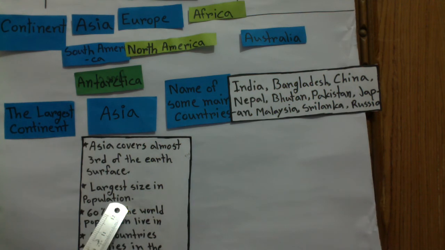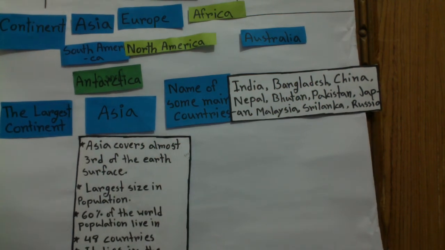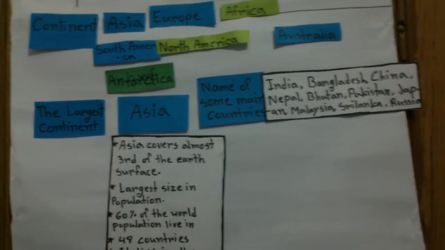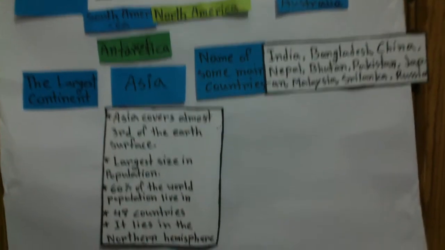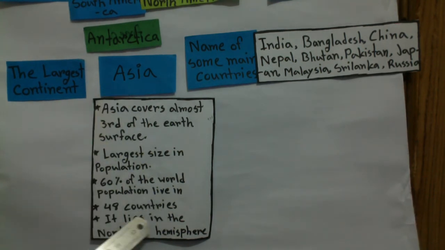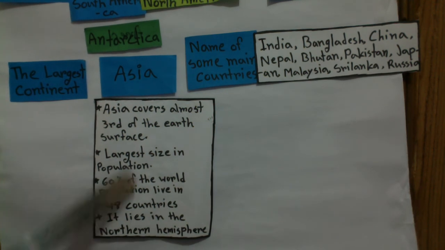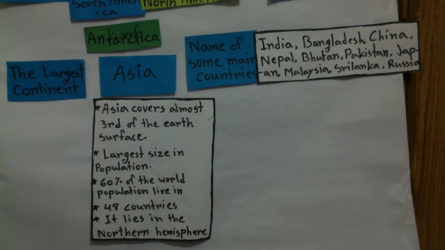Largest in size and population. 60% of the world population live in Asia. 48 countries. How many countries in the Asia continent? 48 countries. And Asia lies in the northern hemisphere. This is the information of Asia.